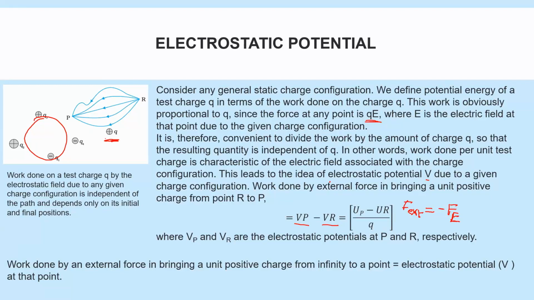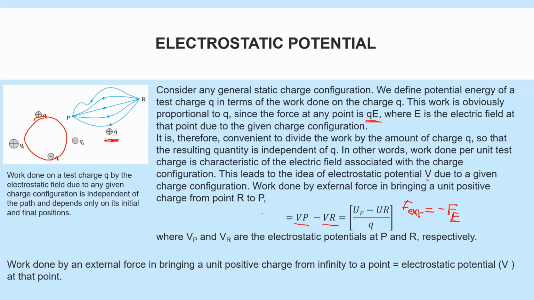So your Fe is going to be Q times E, and considering the work done by the external force in bringing the charge, we are going to subtract the potentials at each of the points, and that is why VP and VR are the electrostatic potentials at P and R respectively.